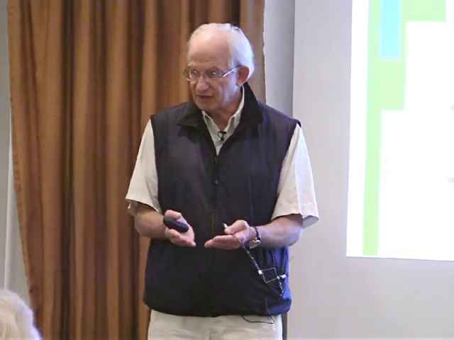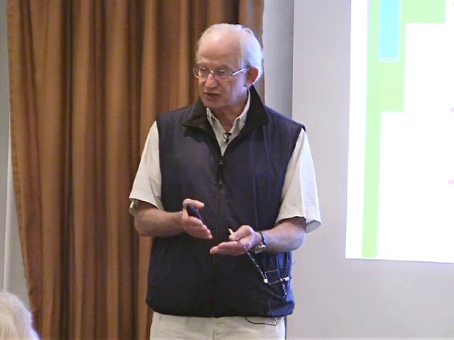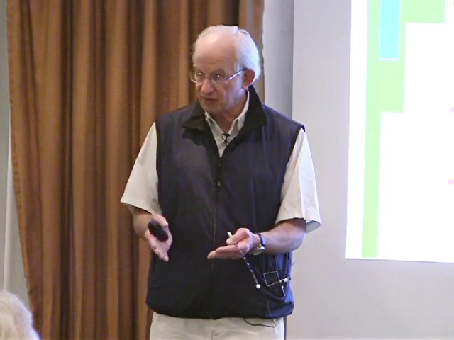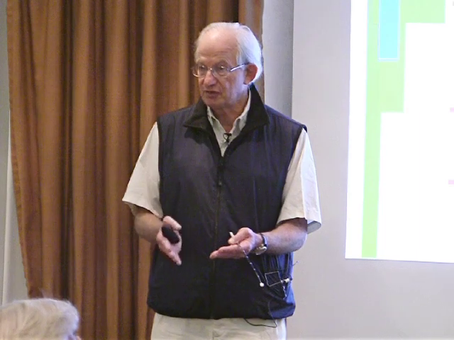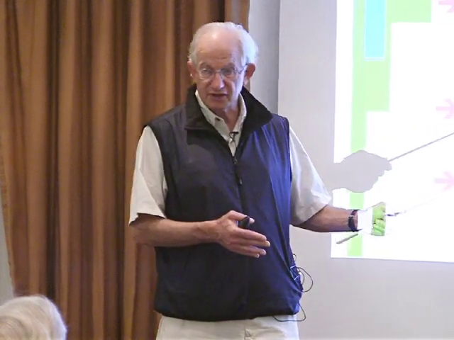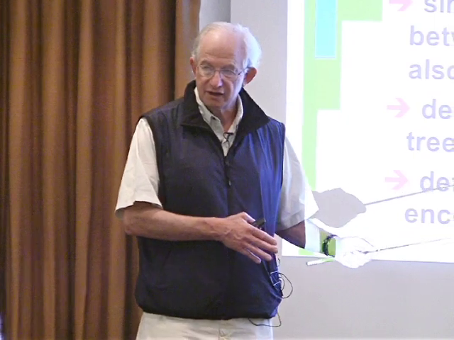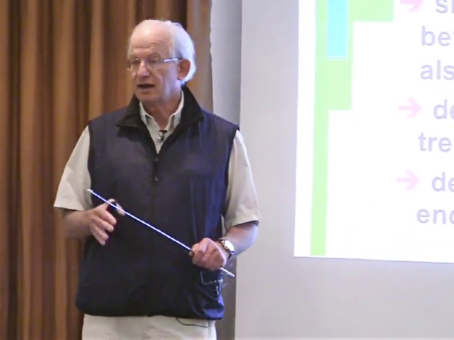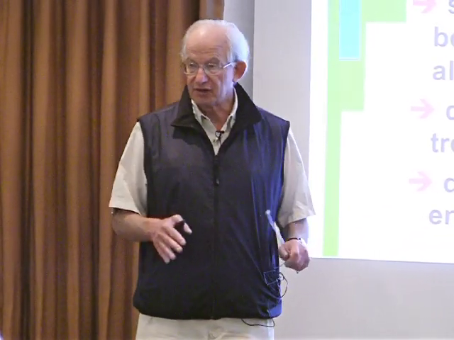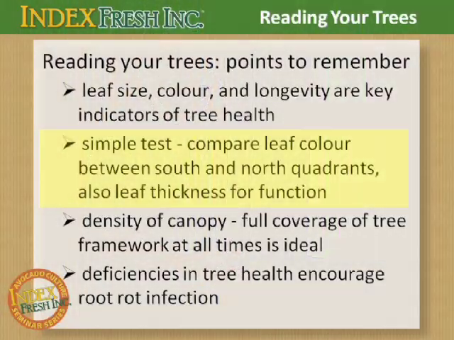If the south leaf is not looking as good as the north leaf, then you can expect that deterioration to continue unless you do something to arrest the decline. So a very good test is simply to go to your north face, pick a leaf there, because they are generally darker green because they have less function on that side, bring it around and compare it to a leaf on the south face.